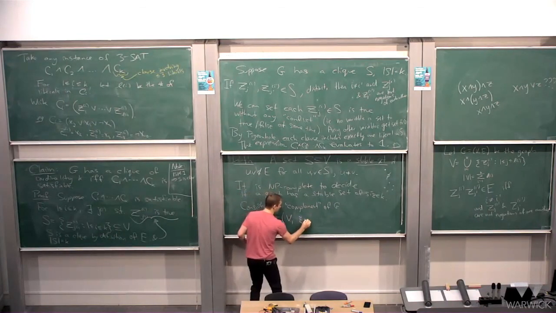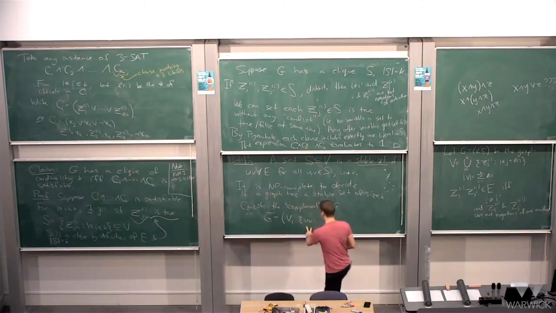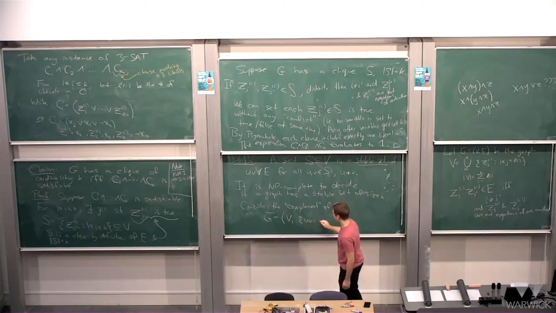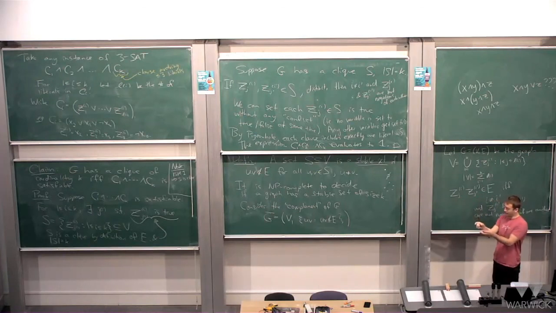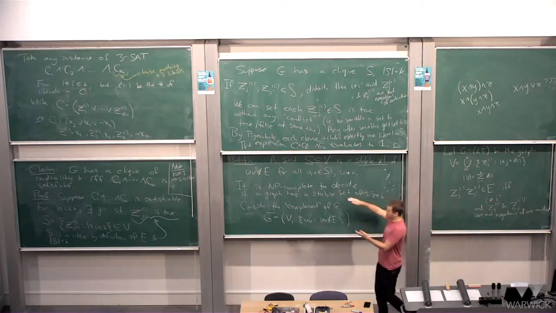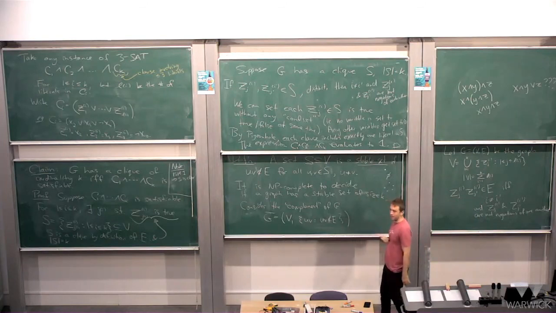A pair of distinct vertices uv is an edge of the complement if and only if uv is not an edge of G. You just go through all the pairs. If it's an edge of G, you take that edge out. If it wasn't an edge, you put an edge in. And you can see that finding a stable set in G, or a clique in G, is the same as finding a stable set in G complement. So these problems are the same, right?